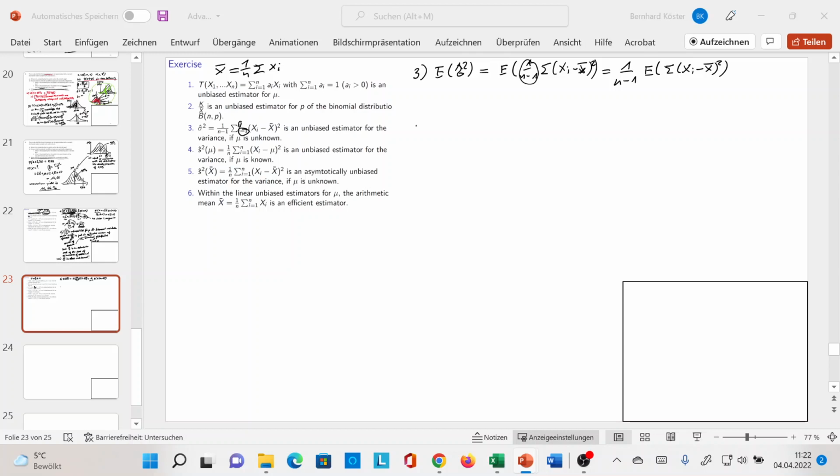do something that we quite often do in mathematics or statistics. We multiply with 1, or we add a 0.